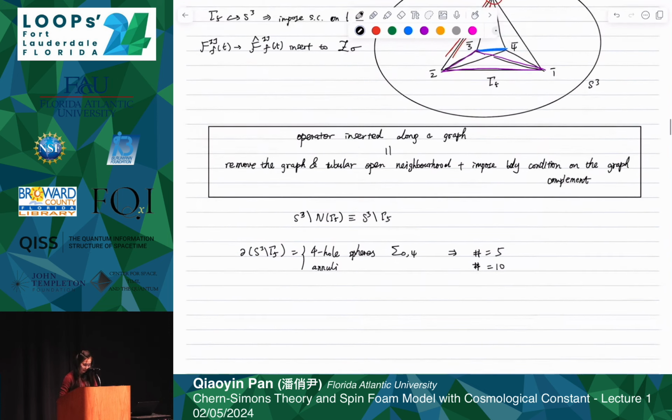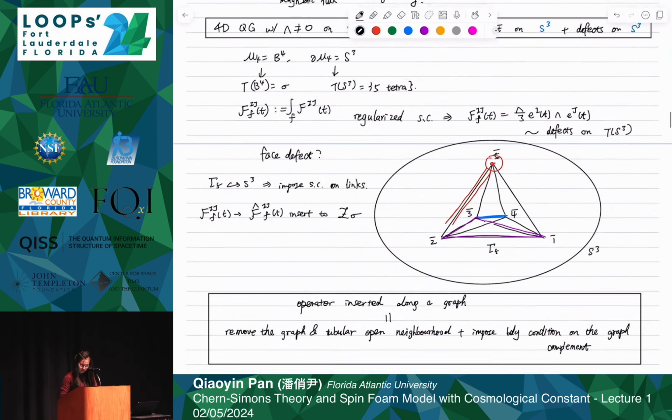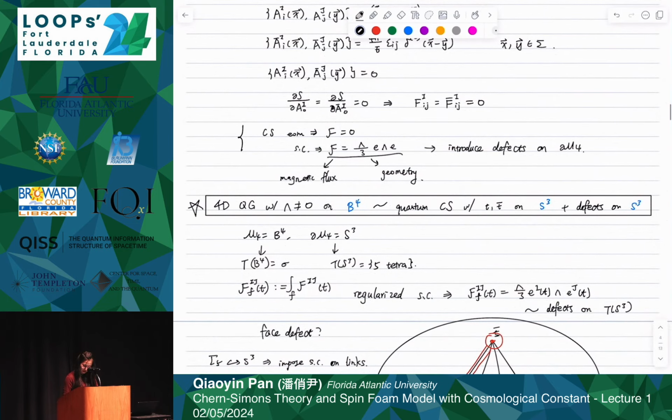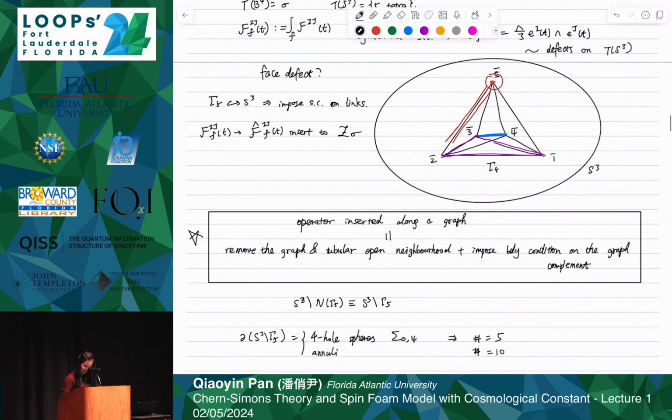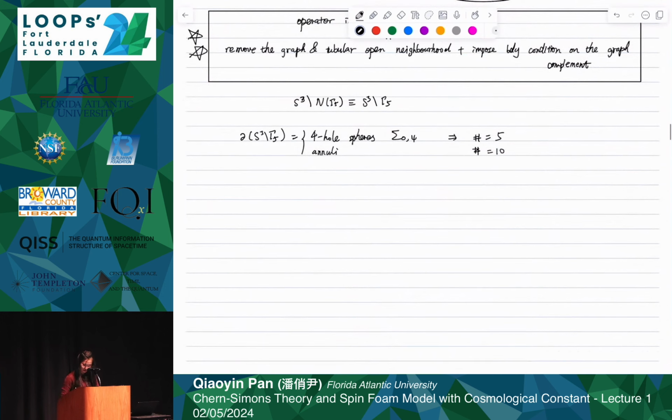Okay, so now I want to combine this idea and this idea together. And what does it tell us? It tells us that a 4D quantum gravity with a non-zero lambda on the 4-ball can be represented by a Chern-Simons theory on the gamma 5 graph complement of the three sphere with a boundary condition.